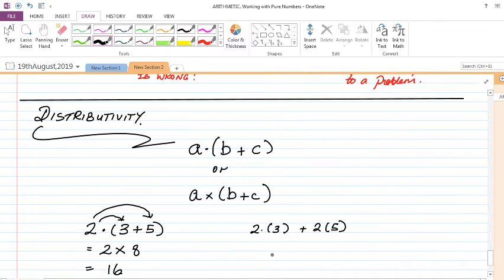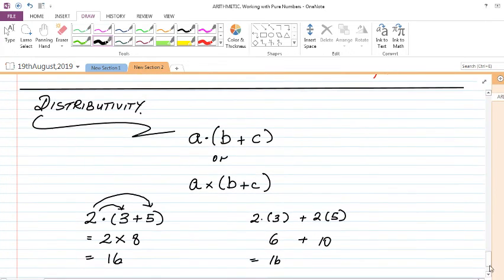Well, 2 by 3 gives me 6, 2 by 5 gives me 10, and 6 plus 10 gives me the same 16. It seems as though I have a case where I can say 2 into 3 plus 5 is 2 into 3 plus 2 into 5.